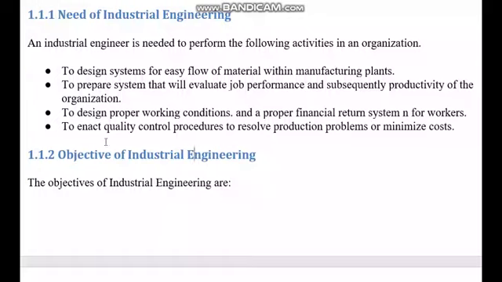Then another activity of an industrial engineer can be to enact quality control procedures to resolve production problems or to minimize costs. Now you have produced a part, you have manufactured it or fabricated it, you have machined it. Now you have to see how the quality is. What quality procedure will you adopt to evaluate the quality of the product? If you are making a motorcycle, you don't want it to be failing on the road.